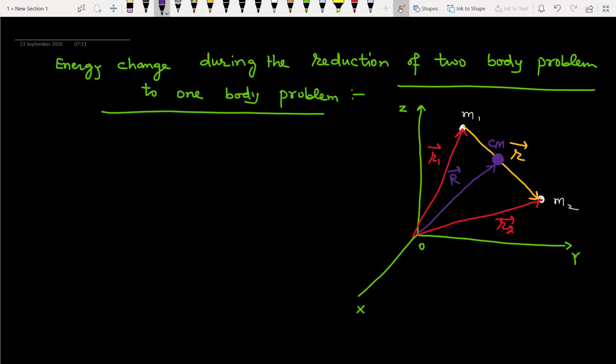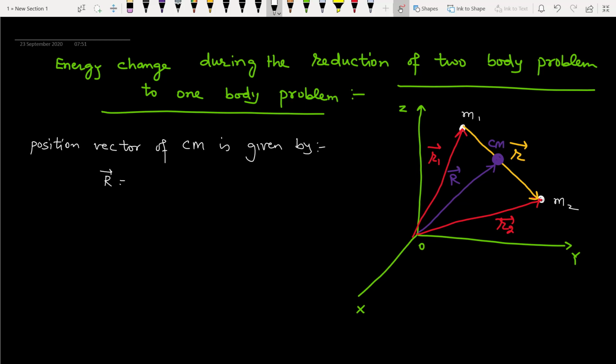This we have also studied in one of our previous lectures. The position vector of the center of mass is given by, center of mass written in short form as Cm.